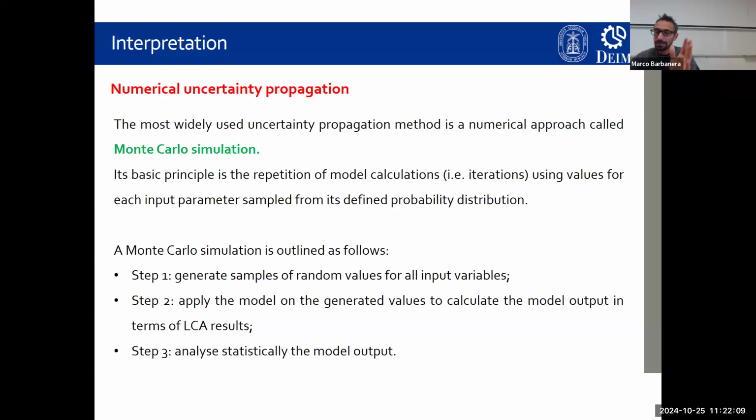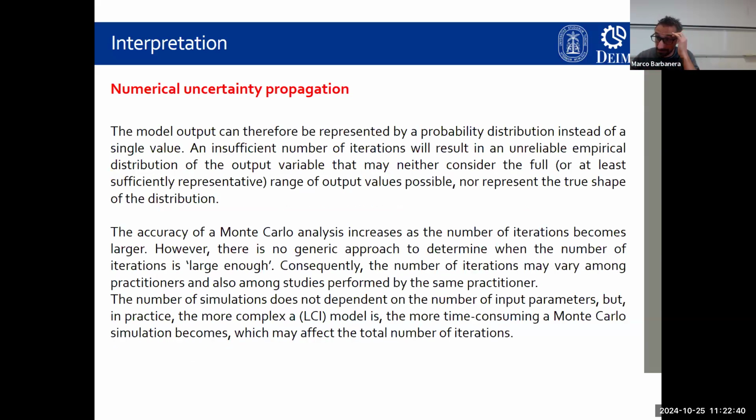In this way, you have 1,000 different environmental indicators for your LCA. With these 1,000 different environmental results, you have the possibility to calculate the statistical parameters associated to this class of results.